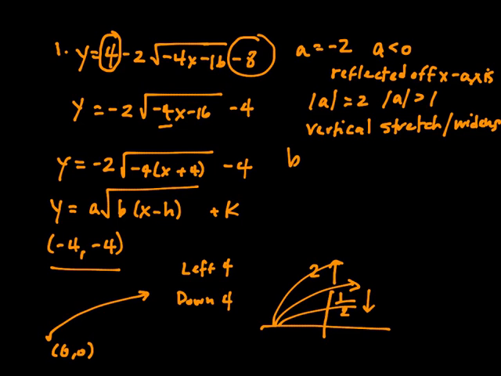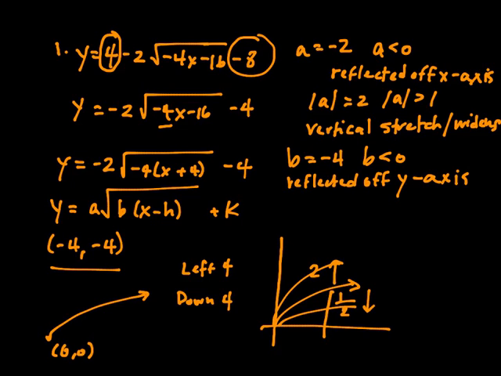Okay, now the b value, b equals -4, and b is also less than 0, so which means it reflected off of the y-axis, and that, guys, is going to come from the horizontal, and horizontal, let me use a different color, it's going to attach to this parent function, and the absolute value of b equals 4.